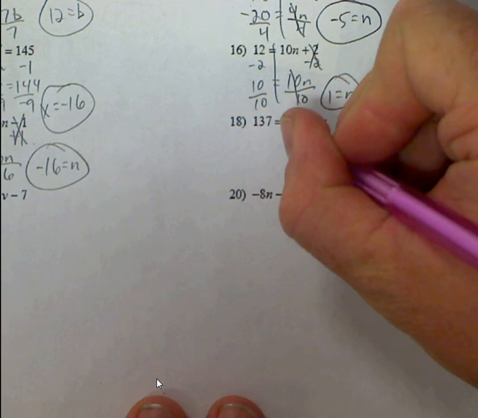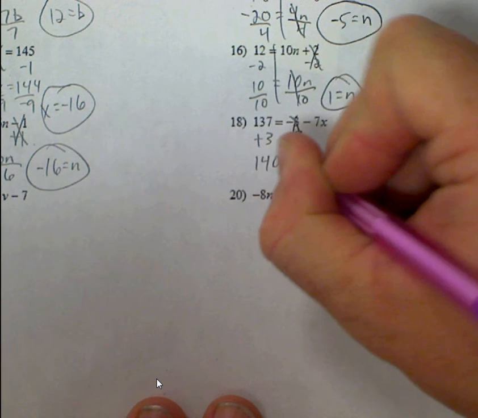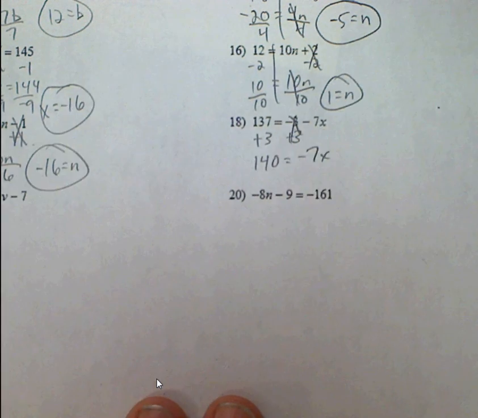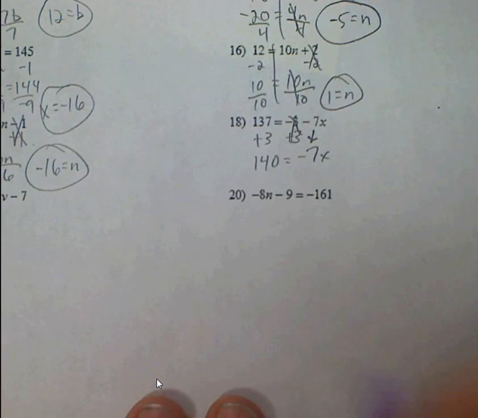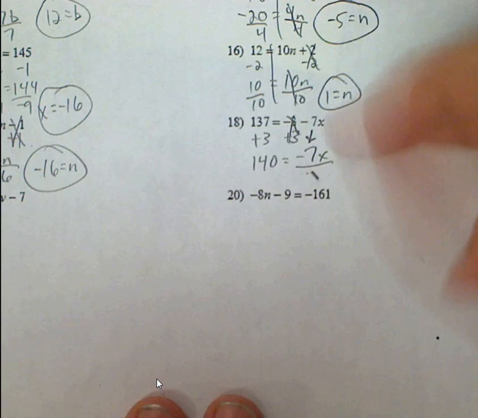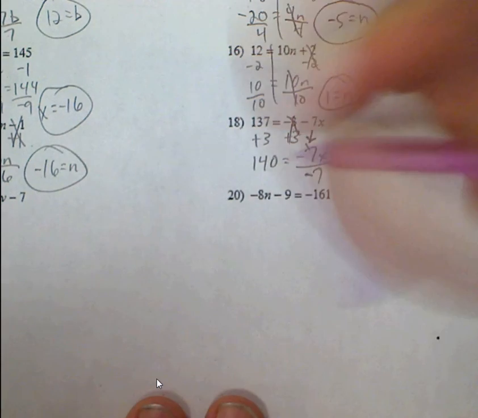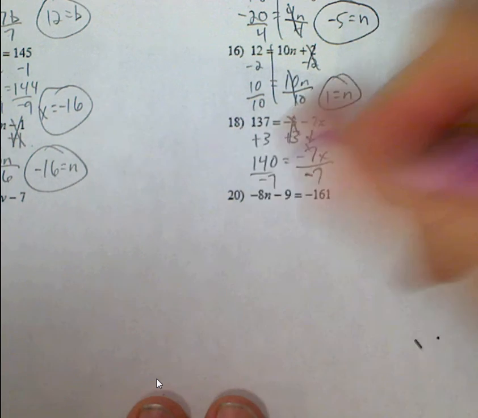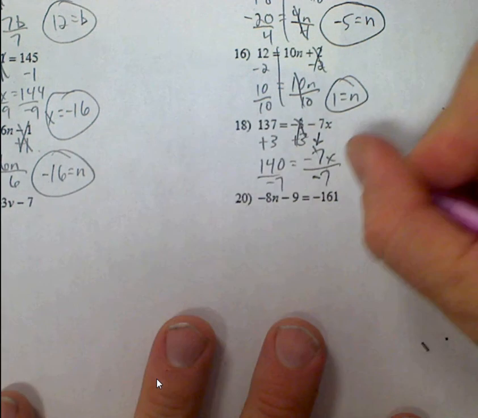I have to add 3 to both sides. That gives me 140 equals negative 7x. You have to bring this down. Even the minus is really a negative. Divide by negative 7. 140 divided by negative 7 would be negative 20.